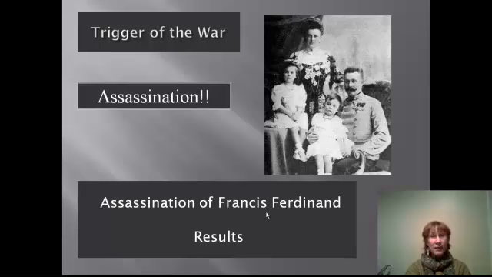We are not saying that the Serbian government planned it. It was a terrorist group from Serbia. But because of the conflict that already existed between Austria-Hungary and Serbia, this is what triggered the beginning of the conflict. So look in the book and in your other documents and videos at how this escalated.